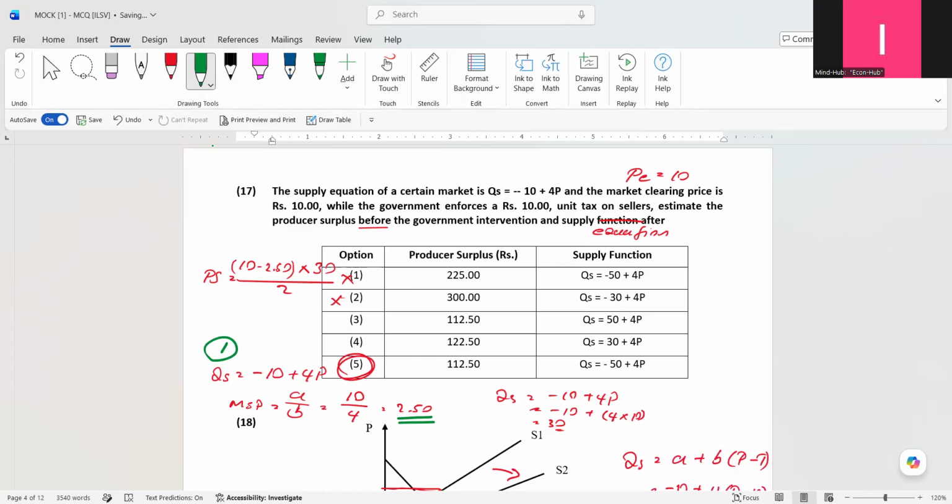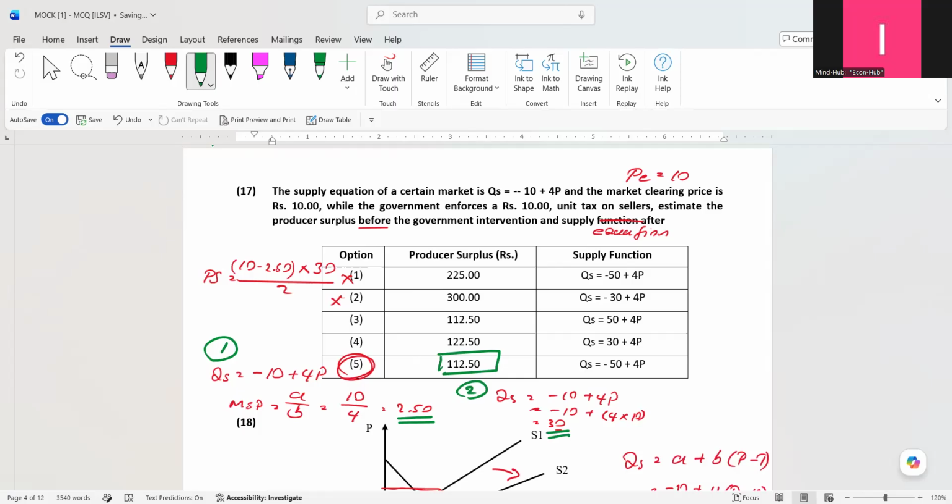So what I've done is apply the equilibrium price to the supply equation. That is what I've done as a second step and found the equilibrium quantity to be 30 units. So (10 minus 2.50) into 30 divided by 2, I get my producer surplus before the tax: 112 rupees and 50 cents.